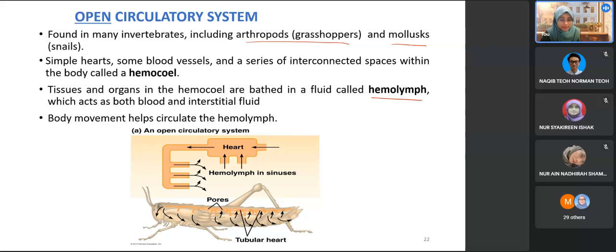They have blood, but the blood will get mixed with the interstitial fluid. The body movement will help circulate the hemolymph.